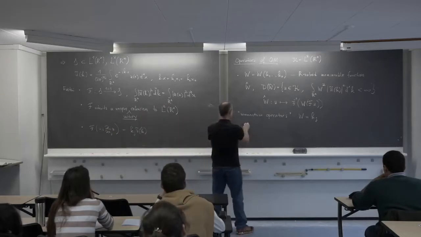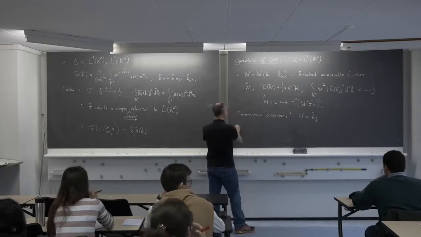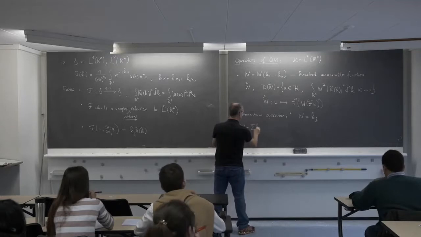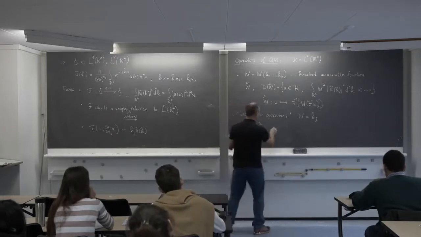Or we can choose W equal to the sum over i of ki squared.